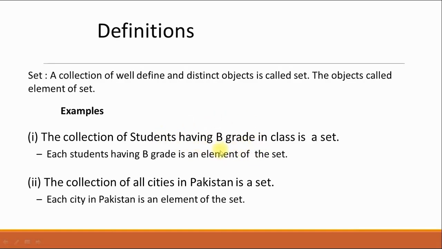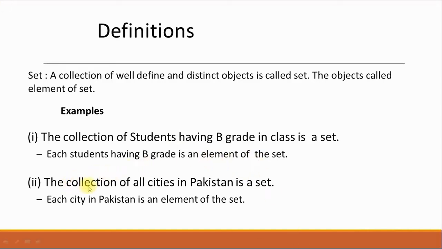So this is a set, and each student having B grade is an element of the set. If we say the collection of students, this is not well defined and distinct, but the collection of students having B grade in a class is well defined and distinct.